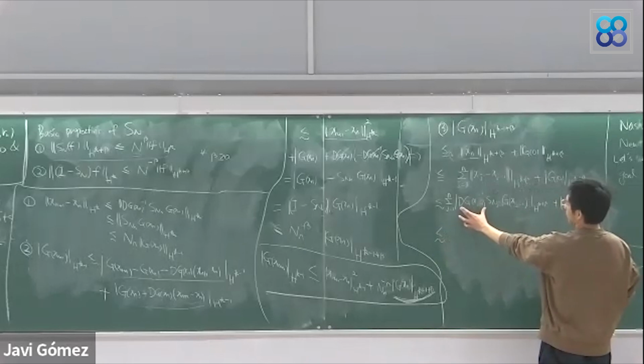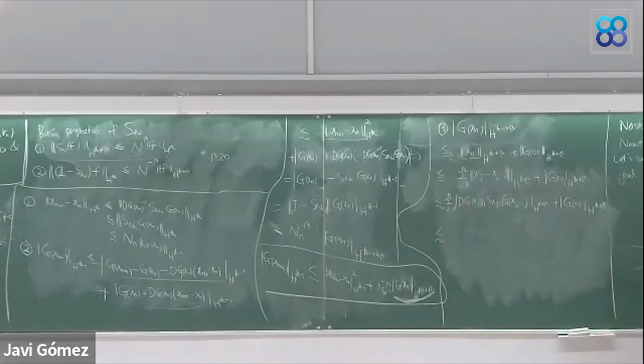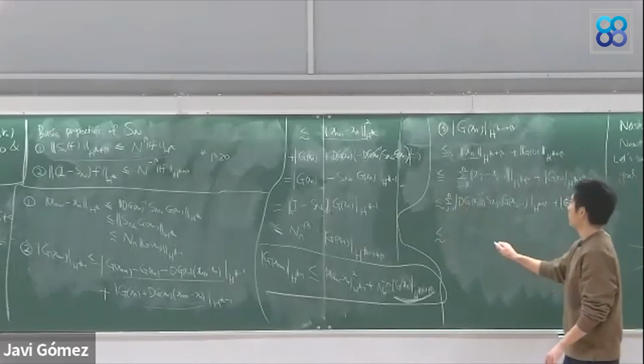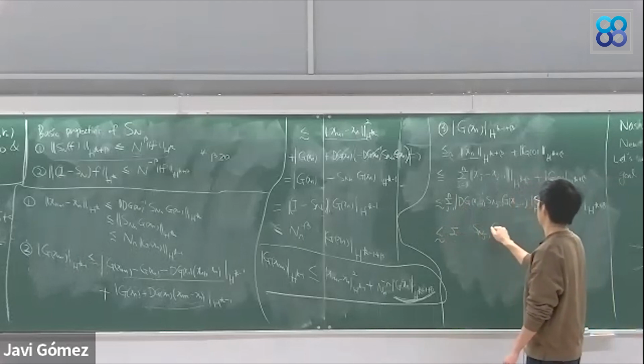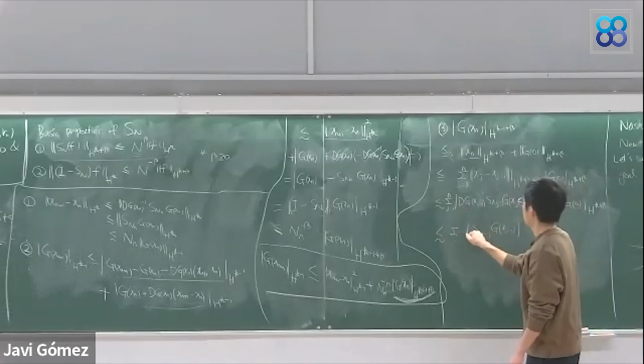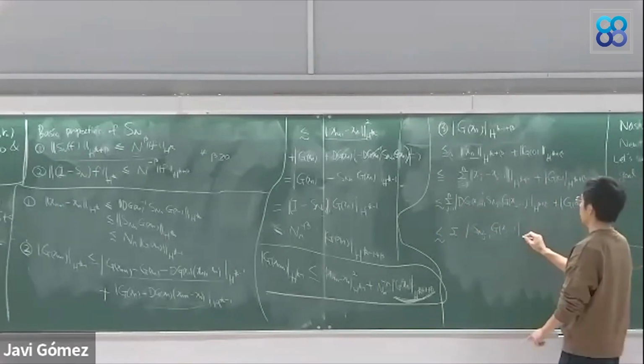It is invertible, and it preserves the regularity. So we have S_(N_(j-1)) of G(x_(j-1)) that preserves the same regularity.